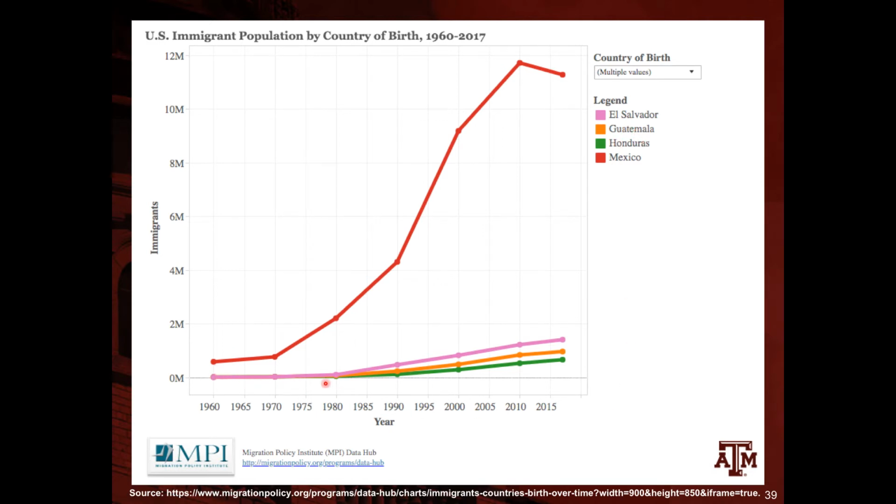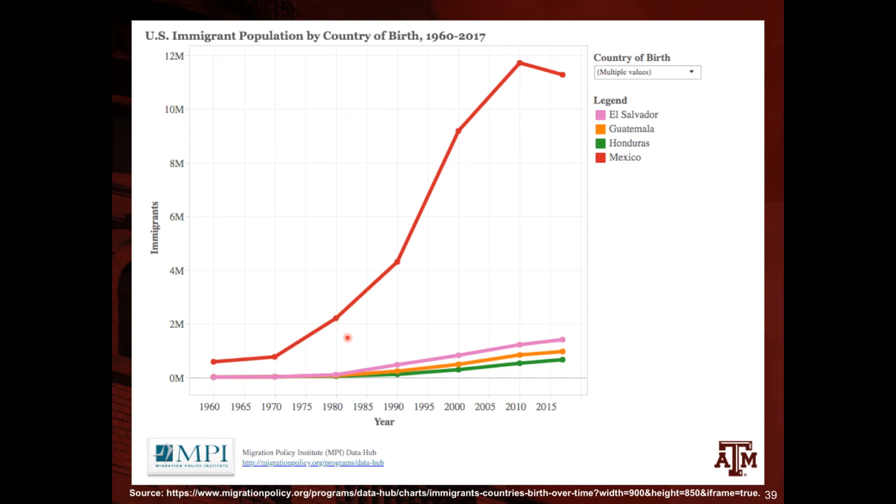And yeah, they have been increasing a lot in these last decades. And we also hear a lot about immigrants coming from these countries, usually immigrant children coming without their parents. But still, we see that the number of immigrants from Mexico is still much higher than from these Central American countries.